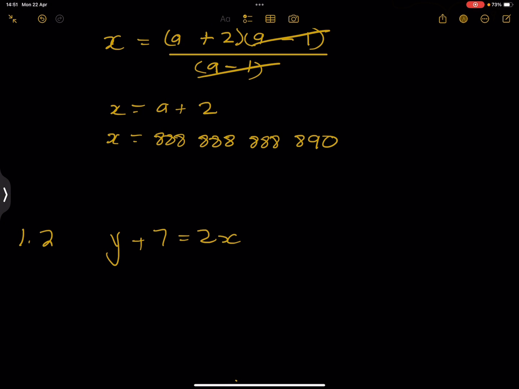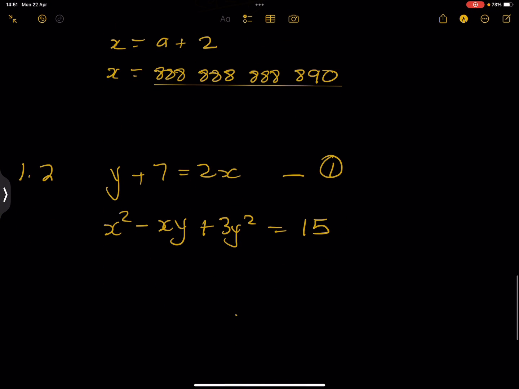Okay, so we'll make this into equation 1. And we've got x squared minus xy plus 3y squared equal to 15. And we can make this equation 2.